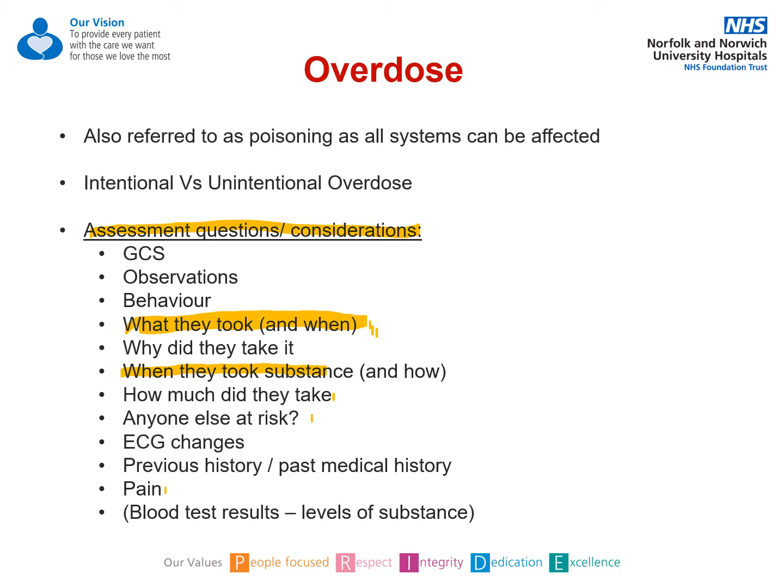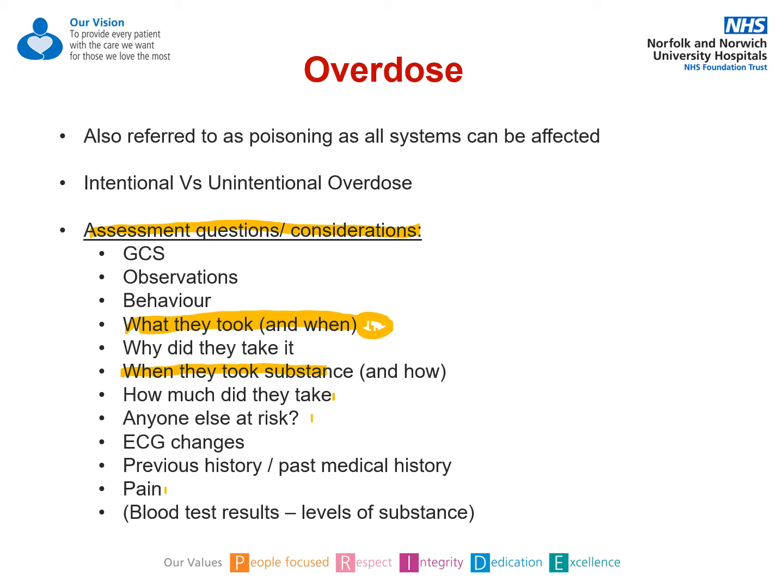And going back to what they took, we need to identify, was it prescription medication, like paracetamol, or it might even be a morphine or an Oromorph, cardiac medication, or was it an illicit drug? Was it cocaine, or any other illegal drugs?